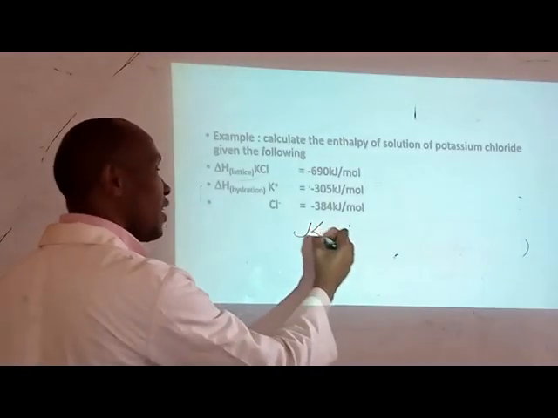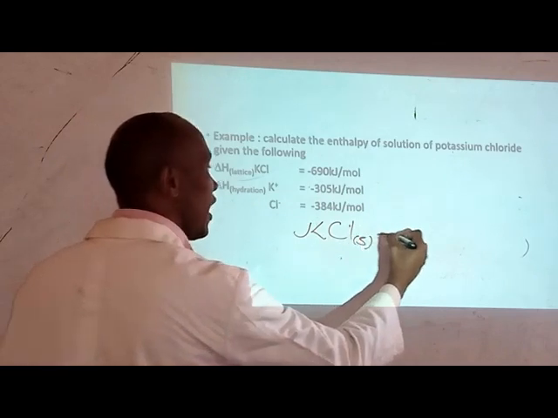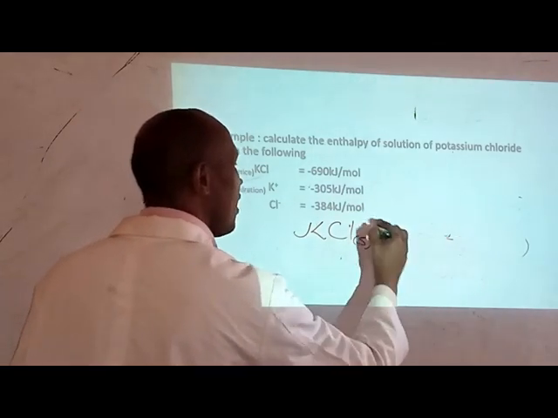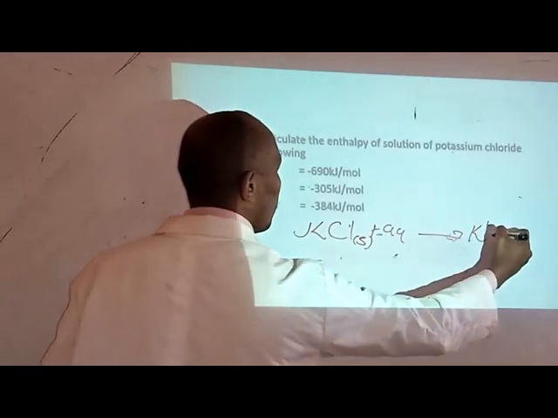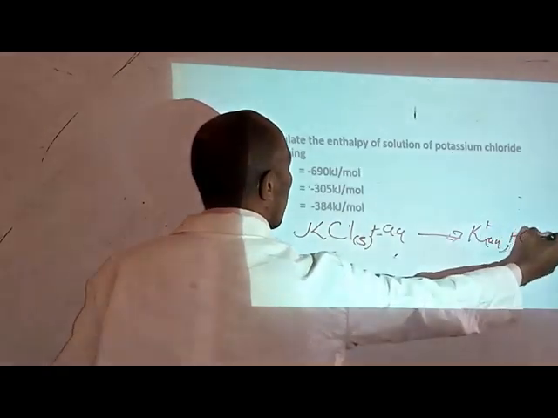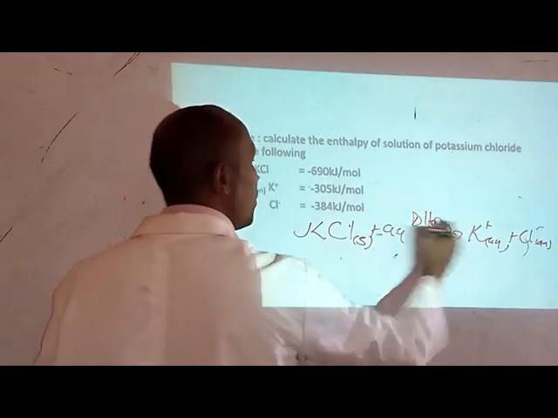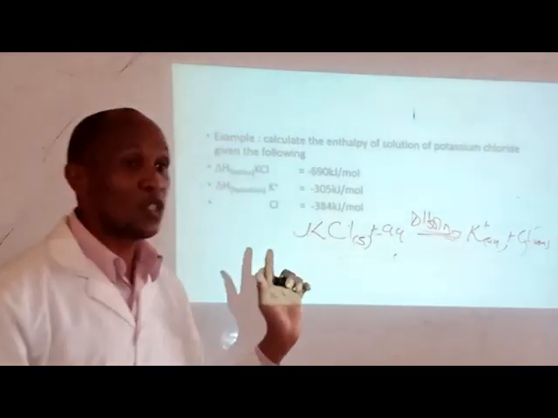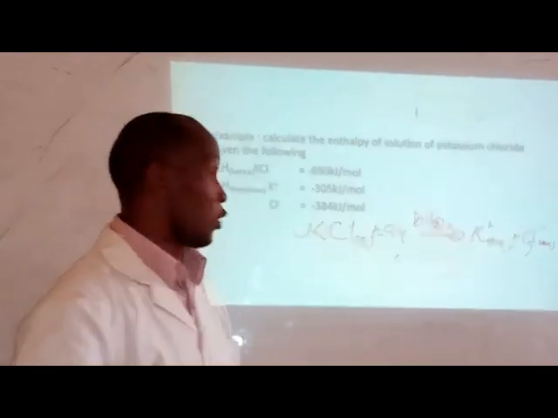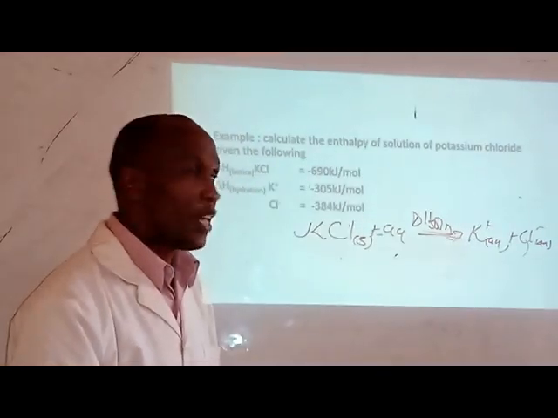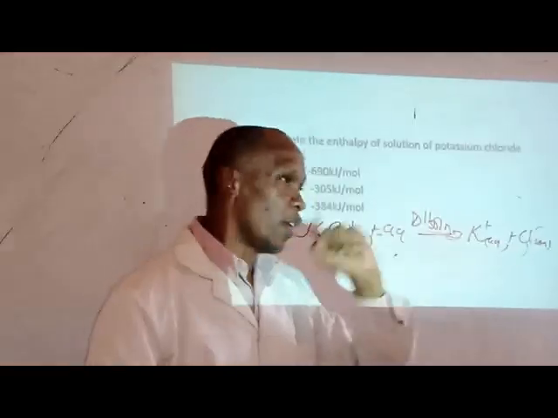So I can get the potassium chloride, add a lot of water, and get potassium aqueous plus chloride aqueous ions. What is that? That is what we call the enthalpy of solution. That is just dissolving. Just get the potassium chloride and add a lot of water to make an infinitely dilute solution. So I'll get the potassium, and it has already dissolved.